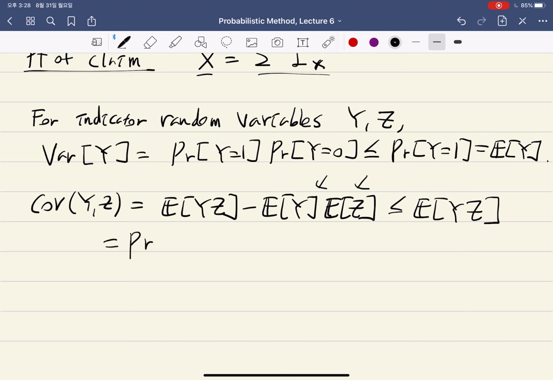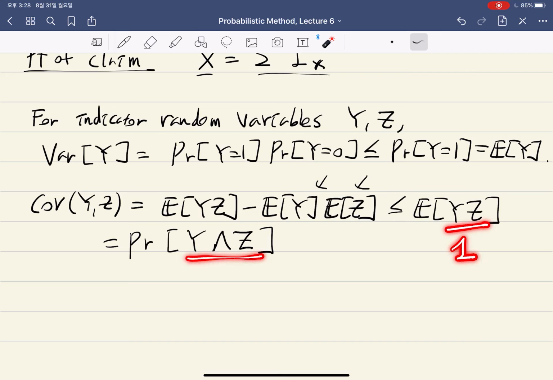And this is the probability that Y and Z are both happening, because they are indicator random variables. So this multiplication is 1 if and only if both events hold, otherwise it's 0.